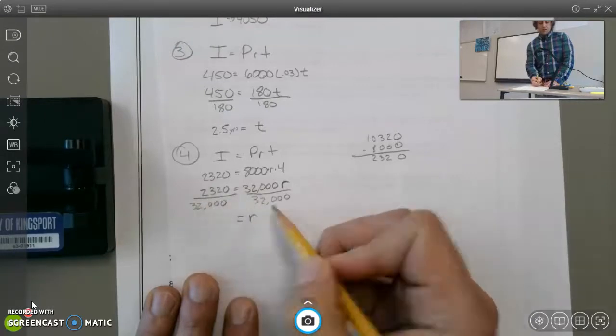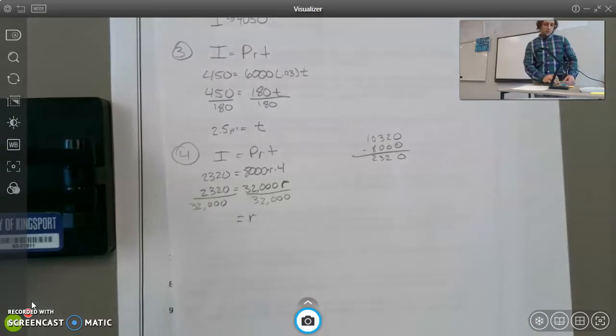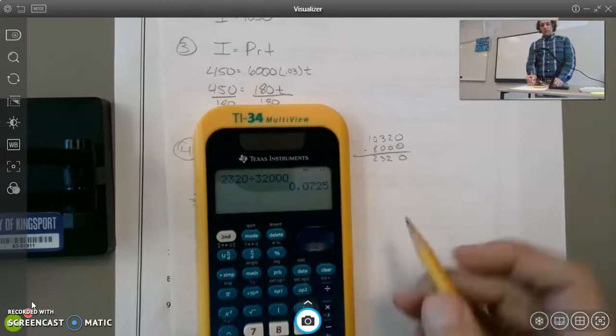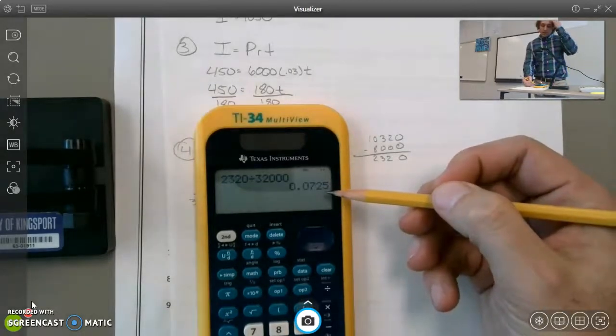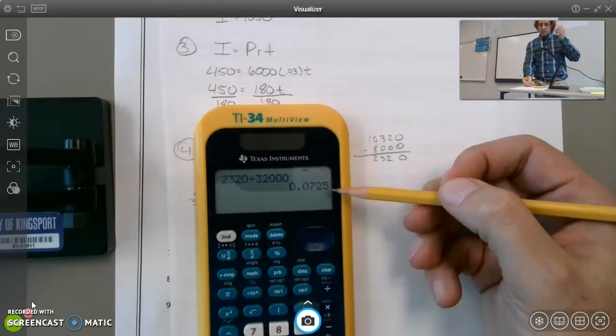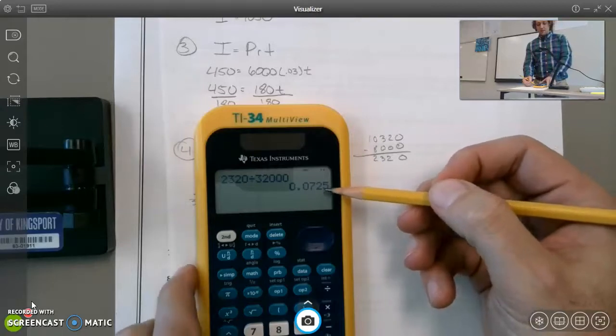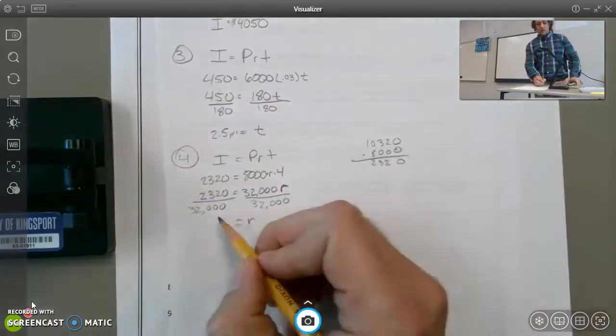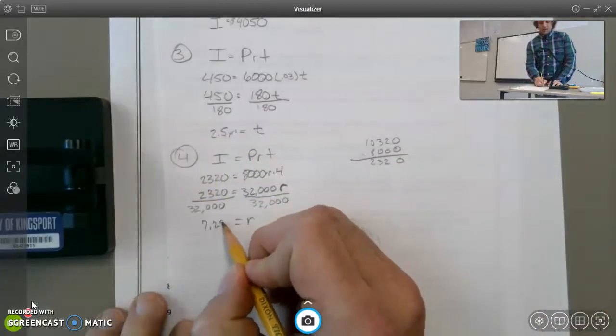And R is equal to 2,320 divided by 32,000. And on your calculator, you're going to see a decimal value of 0.0725. If I were to convert this to a percentage, that would be 7.25%.